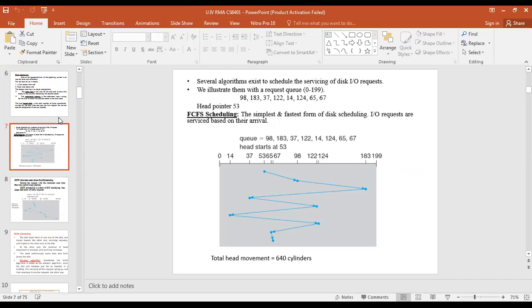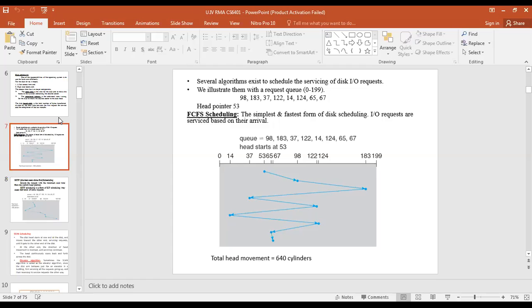The first one is first come first serve scheduling. In order to explain the concept, we consider our request queue. Our disk consists of 200 cylinders totally. The request queue consists of requests for the cylinders 98, 183, 37, 122, 14, 124, 65, and 67.